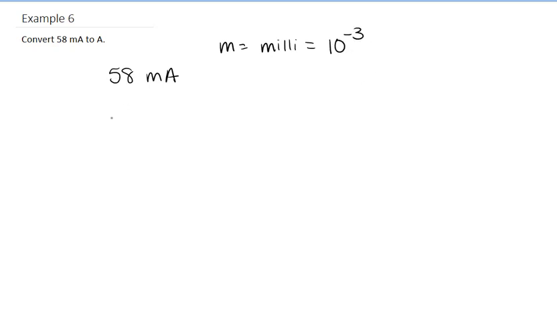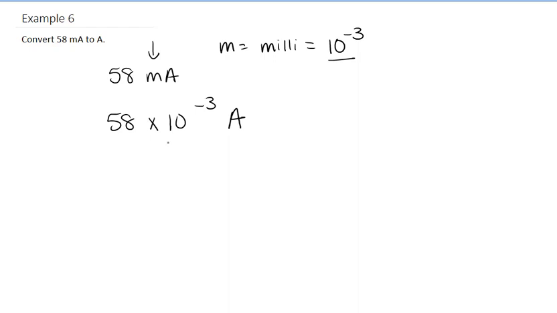So when we go 58, converting it to just amps, we just go times 10 to the -3 amps. So we replace this lowercase m with 10 to the -3. So now we have 58 times 10 to the -3 amps. Now we can go ahead and convert it out of this power of 10 to the -3.